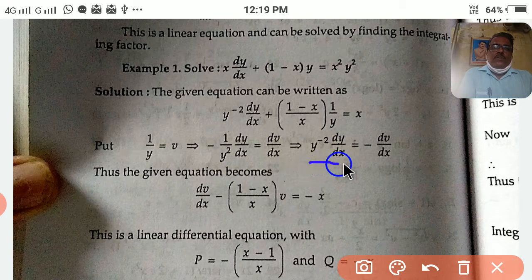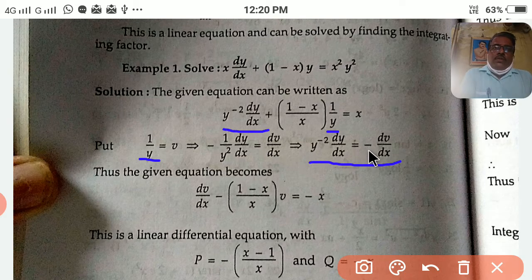So now this value here, and 1 by y is equal to v. So then this gives minus dv by dx, then minus (1 minus x) by x as it is, then this 1 by y is nothing but v, so this is equal to, now here it is x, so what I did, I have taken minus common and multiplied here, therefore it is minus x.